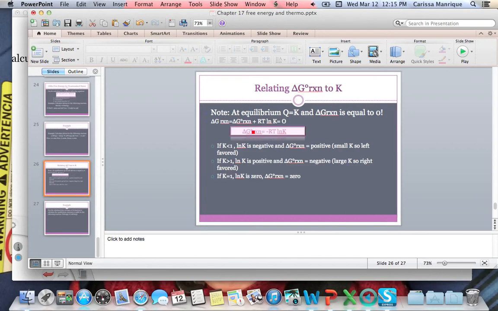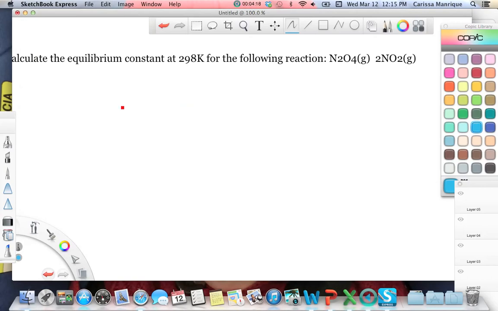Delta G of the reaction, with the degree sign meaning standard state, equals minus RT natural log of K. R is still 8.314, T is your temperature, and K we're trying to solve for. So here's our formula to relate delta G to K.